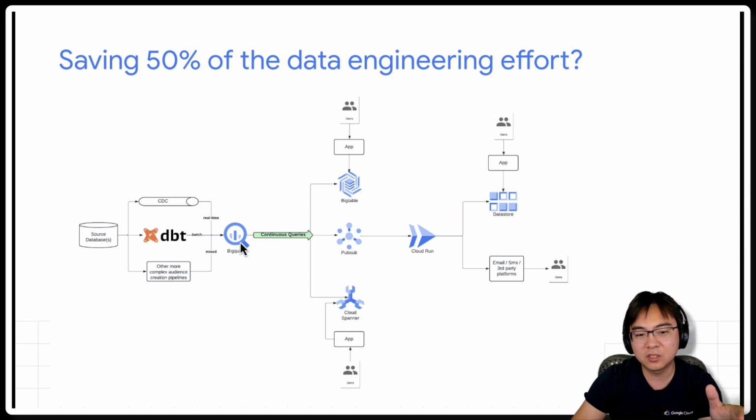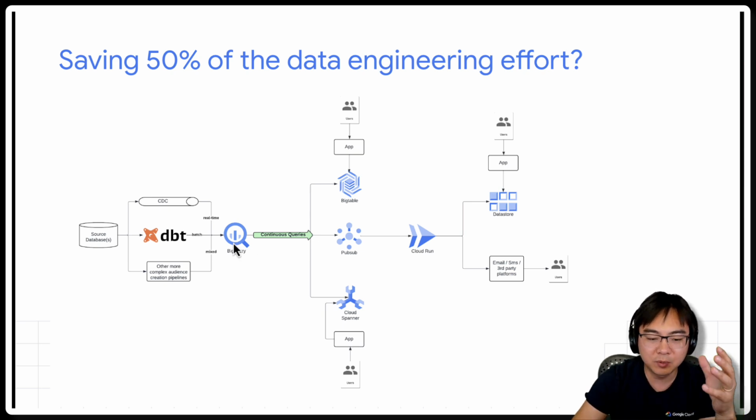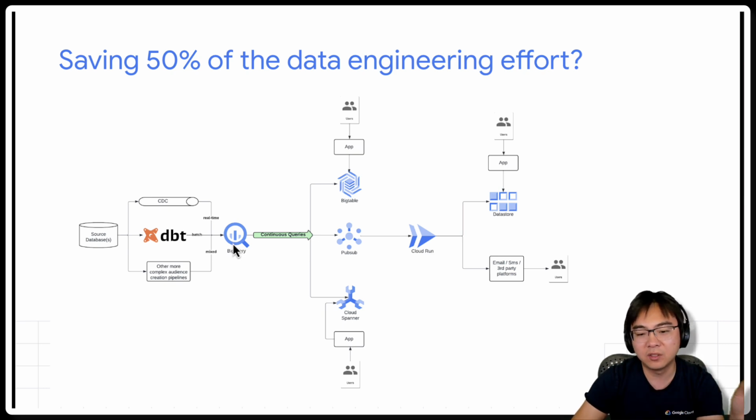So it's not just about saving 50% of your effort. It is also turning something into mini batches or batch jobs that you have to use a scheduler to trigger, into something where from the time when the data is written to the BigQuery table that you're listening to, from that time onwards, everything is real time, right?